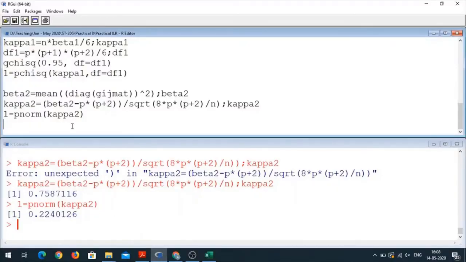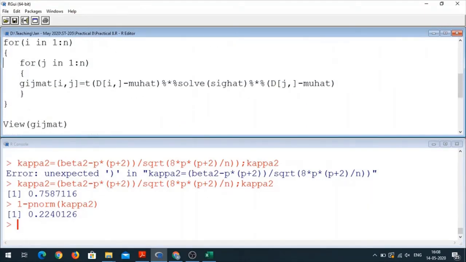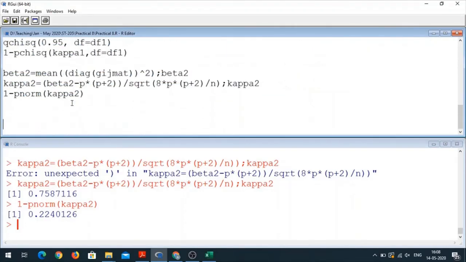So first I need to compute sample quantiles. For that I need quadratic forms. Now if you remember the definition of Gij mat, if I have i here and i here, then it's a quadratic form. So basically the diagonal entries from Gij mat give me nothing but the quadratic forms corresponding to n observations.